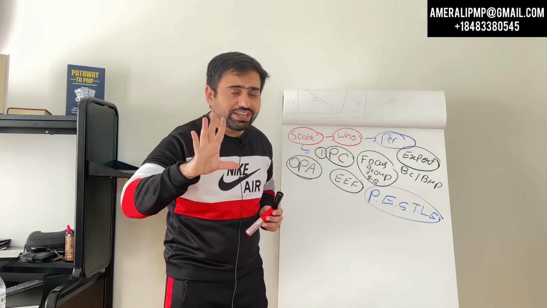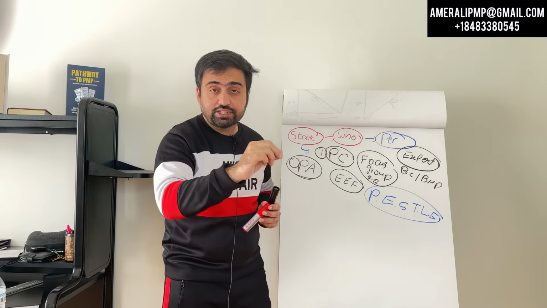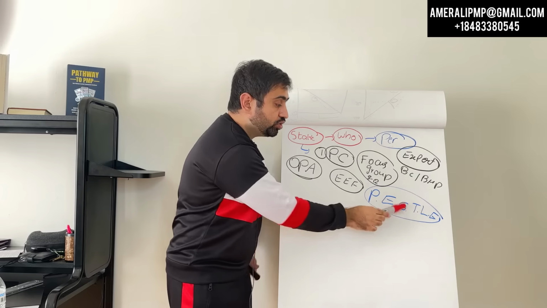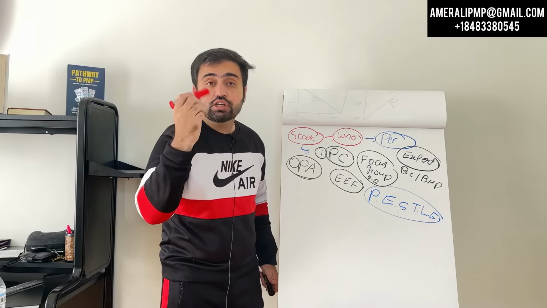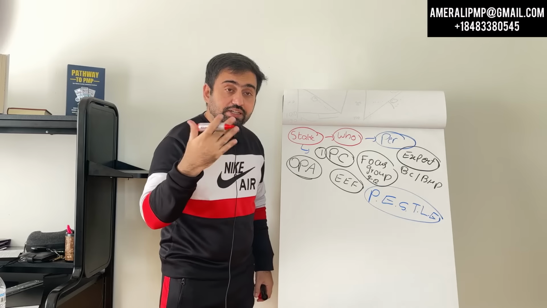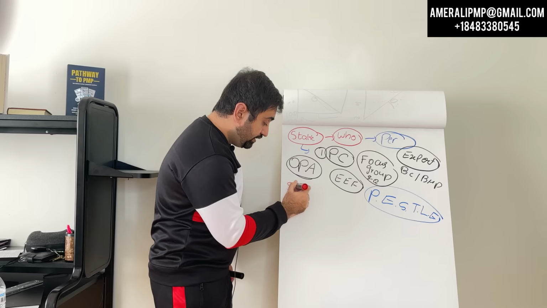You don't have to name them, but just put in the comments who you think the stakeholders in your project are: politically, economically, social, technical, legal, environmental. So all those stakeholders, who are they? Once we have identified those stakeholders, we will put all of them into the stakeholder register.